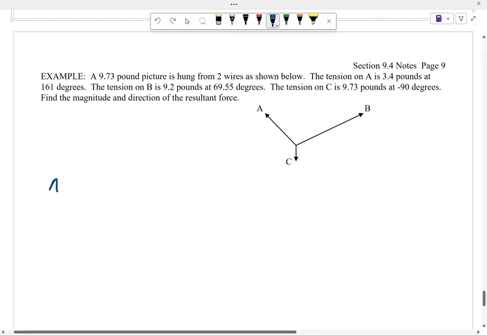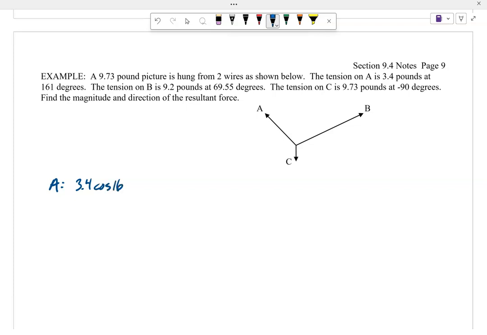So for A, let's see, tension on A is 3.4 pounds, so magnitude, cosine, 161 degrees, there's our horizontal component, magnitude, sine of its angle, and the vertical component.